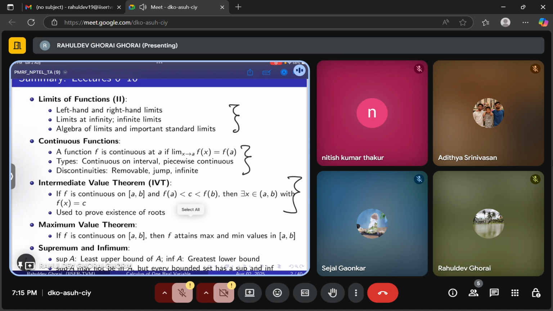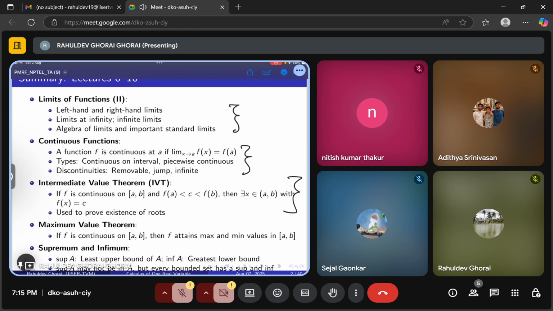You can ask face to face, and you can solve problems in this class itself. These are the problems which will be very important. So you can have some ideas of limit, ideas of continuity, and the intermediate value theorem. The more you solve the problems, the better you understand, I guess.